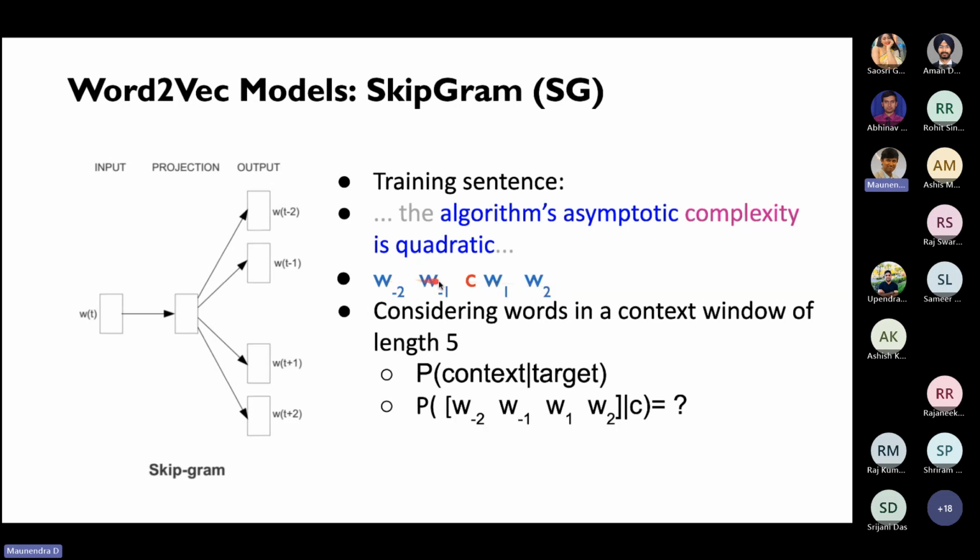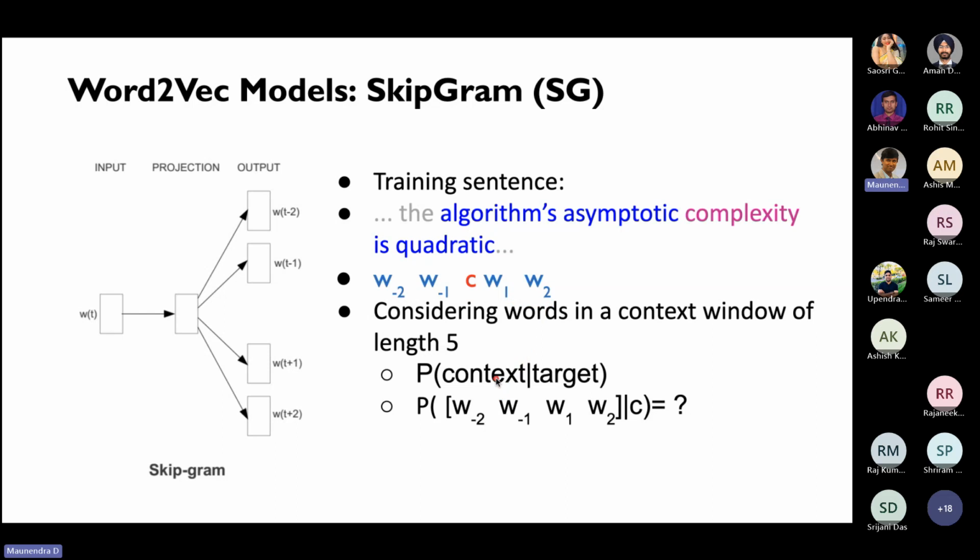Now by looking at this window, we define a learning task. We want to predict the context words given the central or target word. So in this example, the central word or target word is C, which is complexity, and W-2, W-1, W1, W2 are the context words.